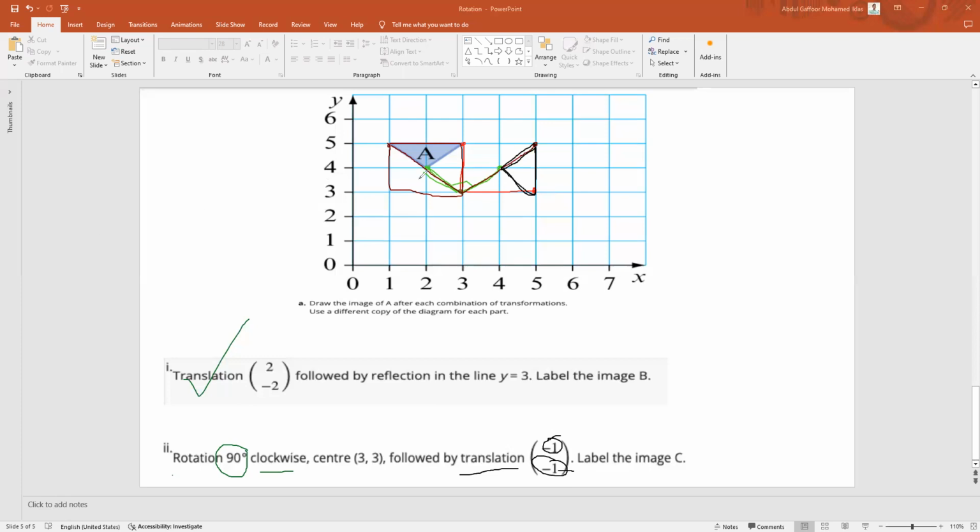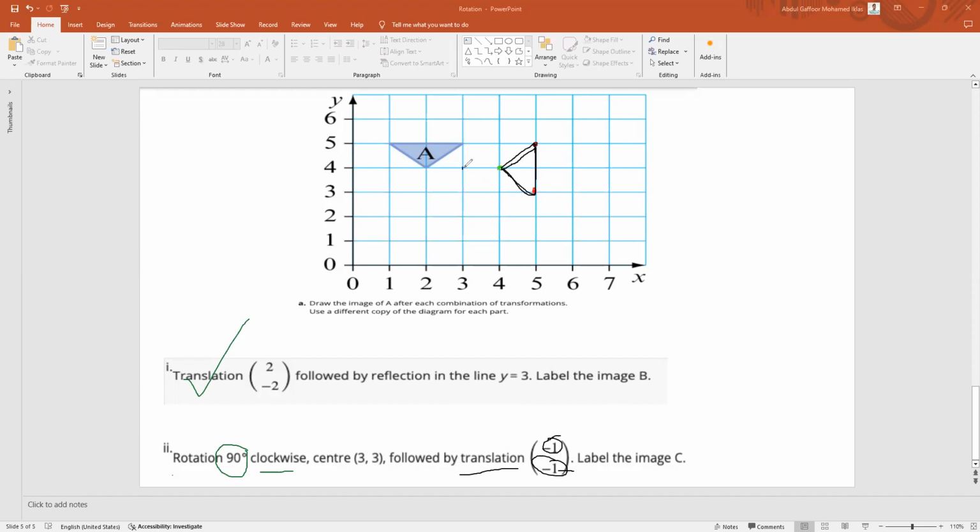Up to here, you have understood the rotation. To explain without messing up, let me erase other things. Now this is the intermediate position of the image, the pre-image A. Here, -1 means this point is going to move 1 unit left.